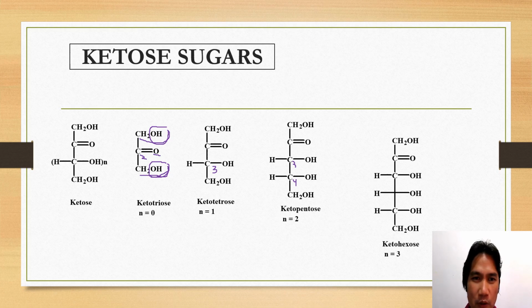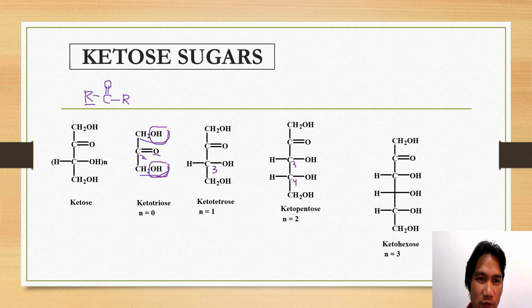By the way, we call these ketose sugars because they are derived from ketones. Remember the formula of ketones in our previous videos? A ketone has a general formula of R bonded to a carbonyl group, carbon doubly bonded to oxygen, and this is connected again to another R group. An R group, as I said before, is an alkyl group or the rest of the molecule.